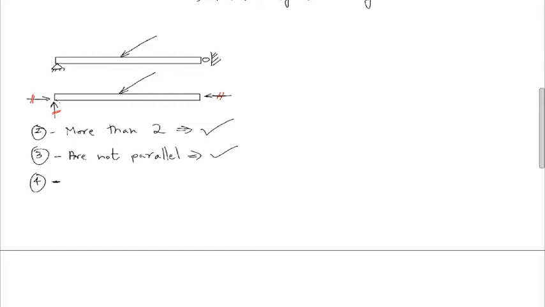So if we extrapolate, or if we move the force on the right side along this line, we find that all the forces pass through the same point here. And so they are concurrent.